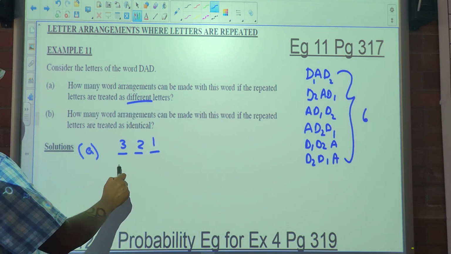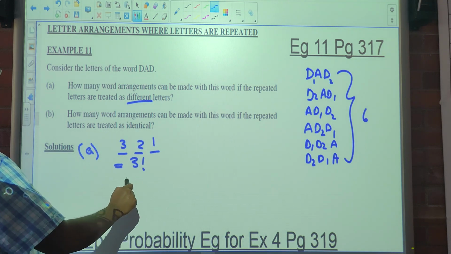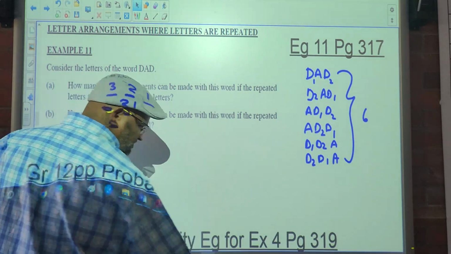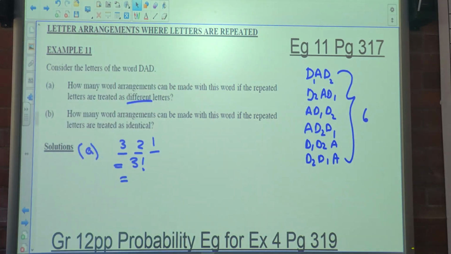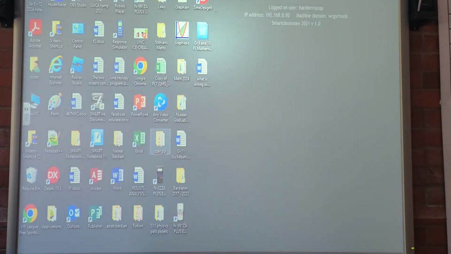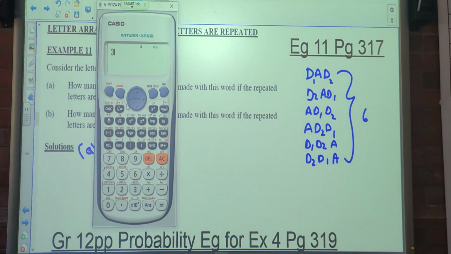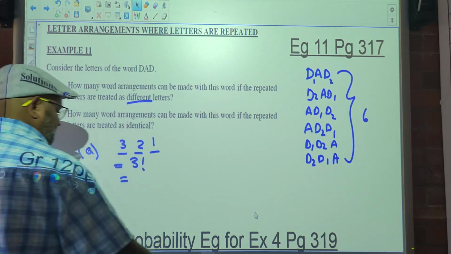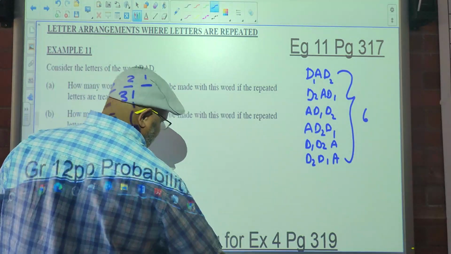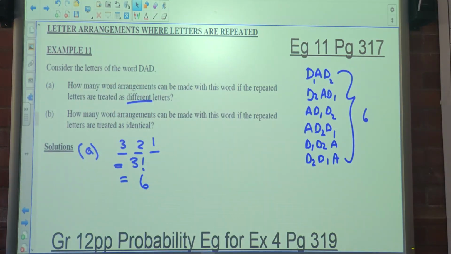Then 1. This is the same as 3 factorial, which is of course 6. Okay. You all agree with that? Any confusion thus far?